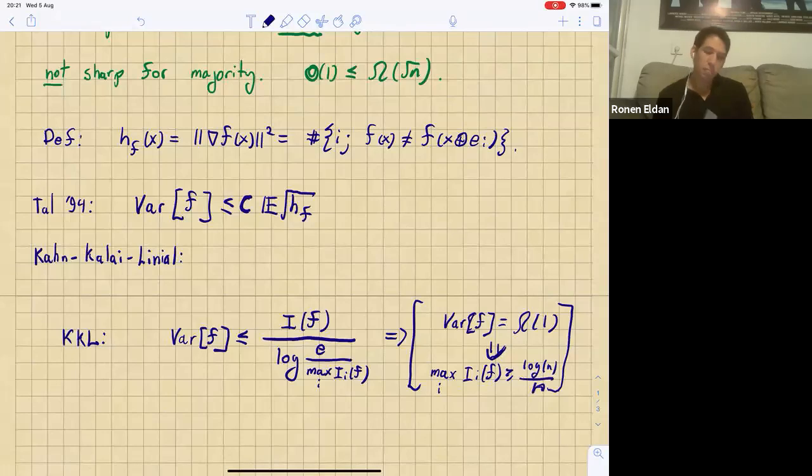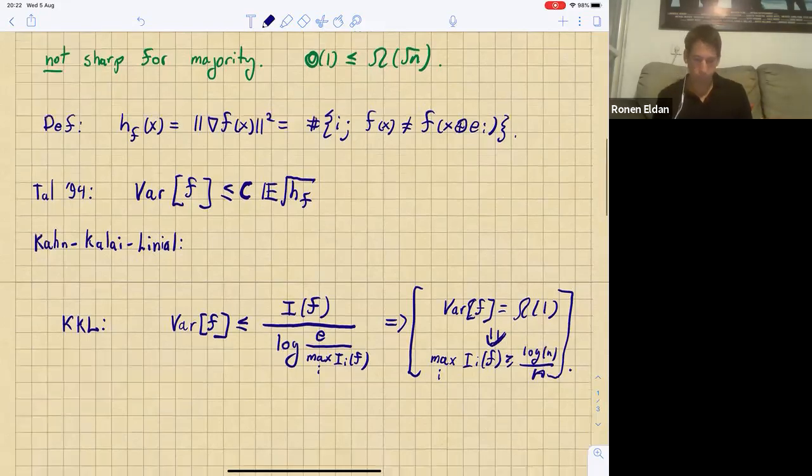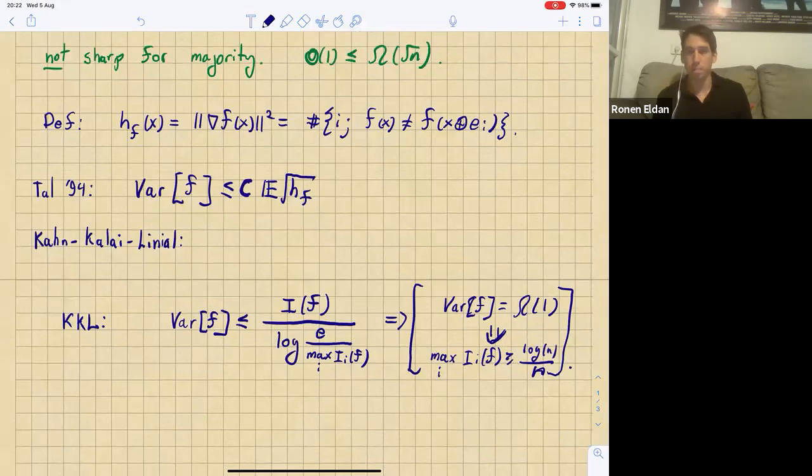This improvement by log n at first may not look like a big deal. It's only a logarithmic improvement, but actually it has very far-reaching consequences, which I'm not going to discuss because I don't have so much time, I guess.